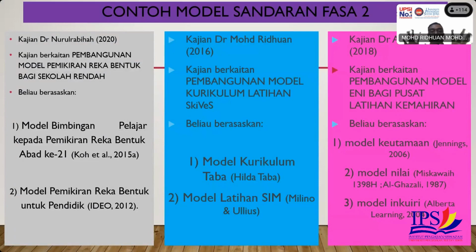For Dr. Nur Rabiha, to develop her model about design thinking for the primary school, she based it on two models. Those models help to produce the elements of her model. The first model is the model bimbingan pelajar, and the second model is the model pemikiran reka bentuk.